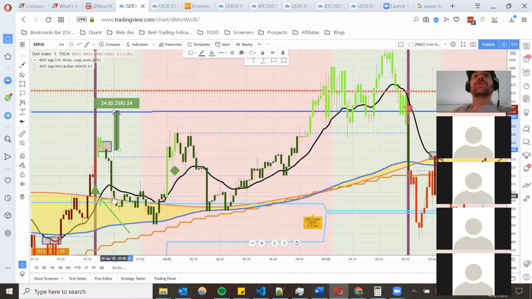My answer would be the same, because the EMA 20 crosses here, at that candle. Do you need to wait for a pullback past the EMA 20? No. For me, where you should enter, that's here.